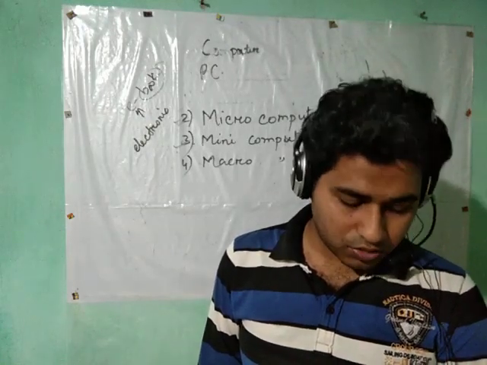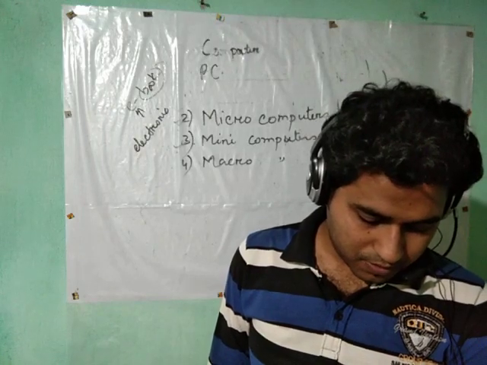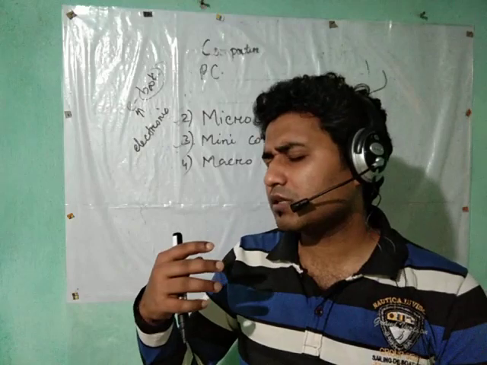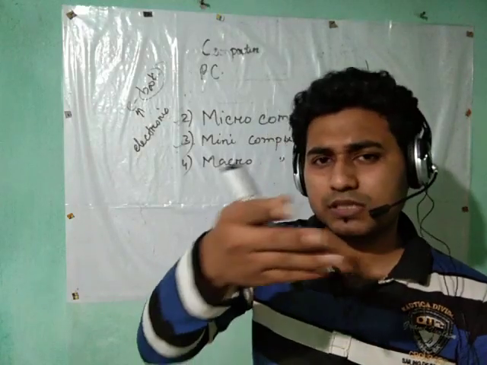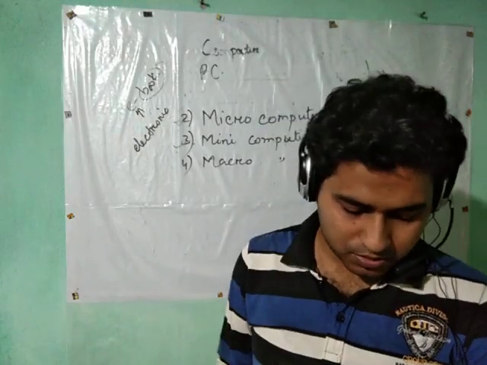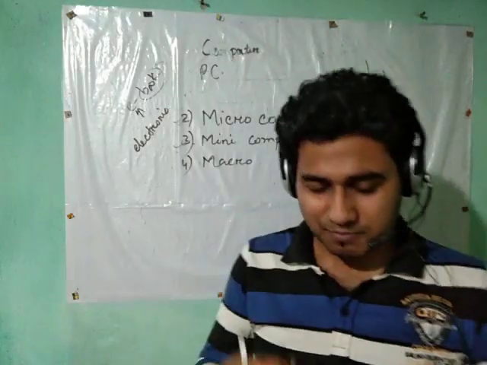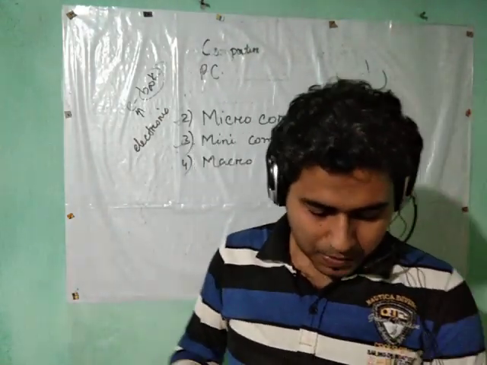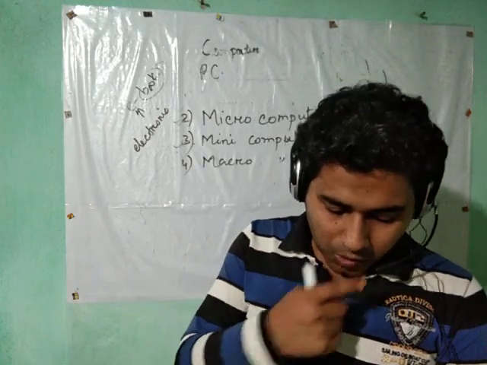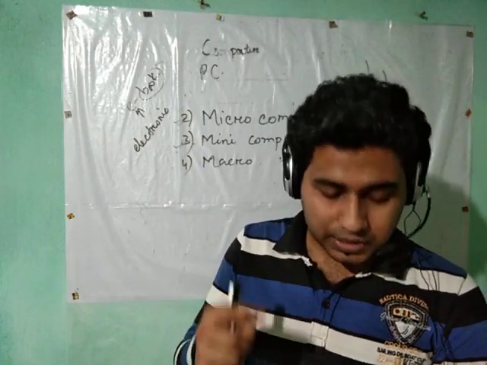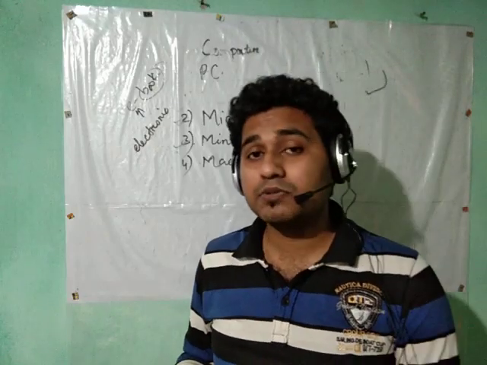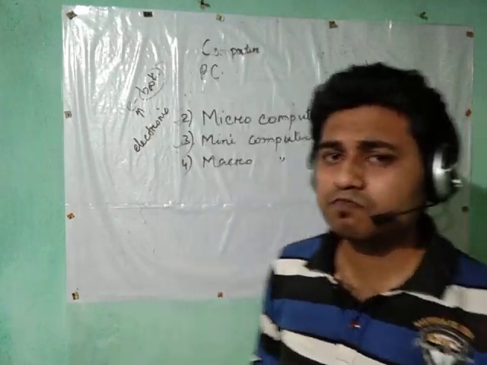Oh, sorry, I made a mistake. These are mini computers. Microcomputers come later. Microvax 3100 and HP 2100 are some examples of mini computers, and you have to remember these things.